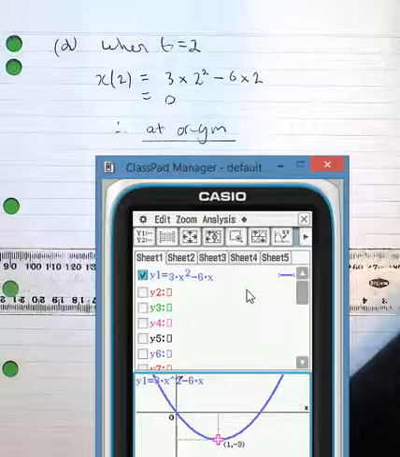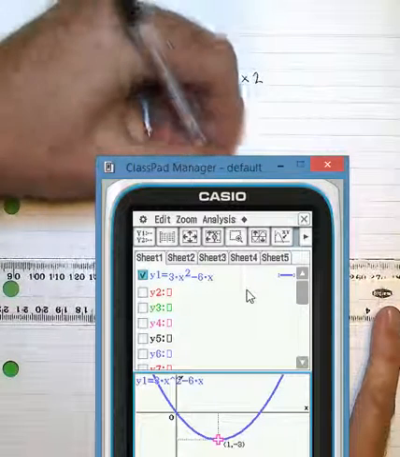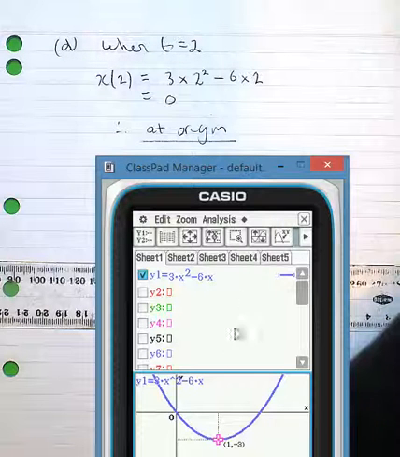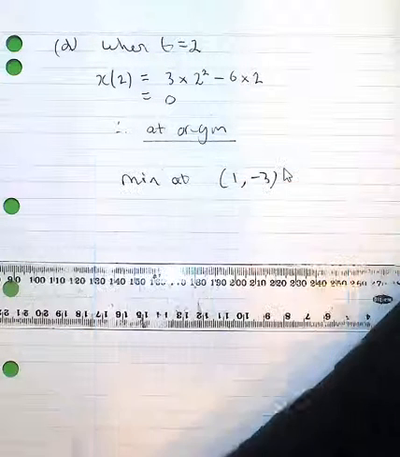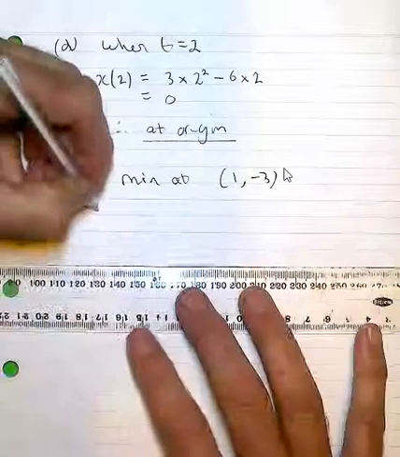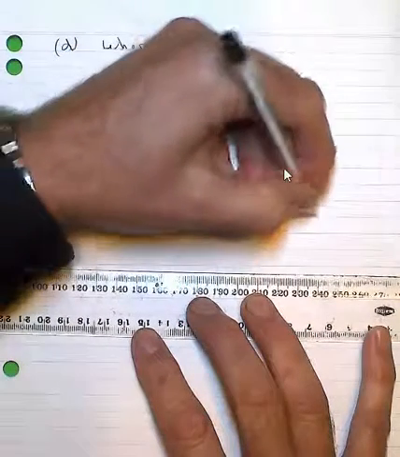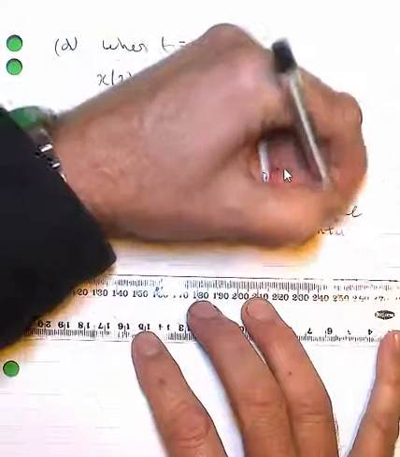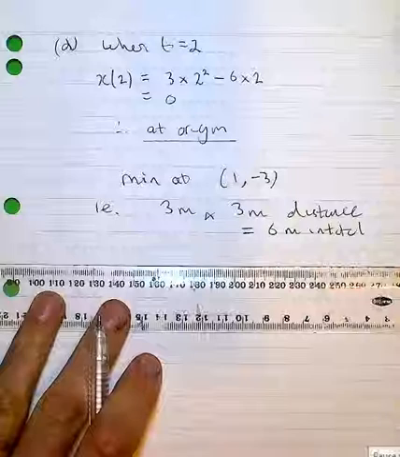And you can see there, min at 1, negative 3. So in other words, the object has travelled 3 meters and 3 meters back. So therefore, i.e. 3 meters and 3 meters distance, 6 meters in total travel. So something interesting to think about there.